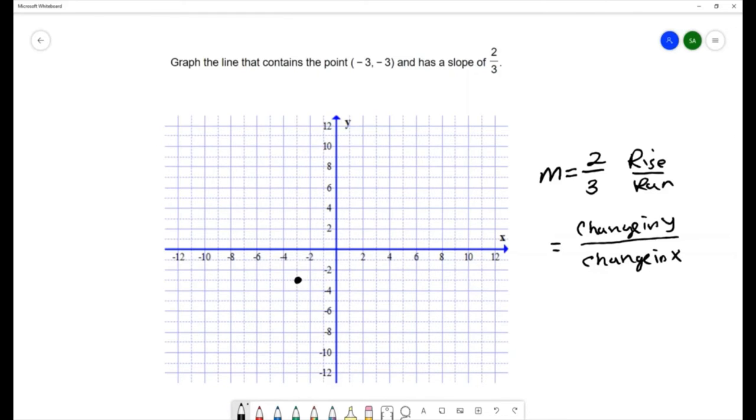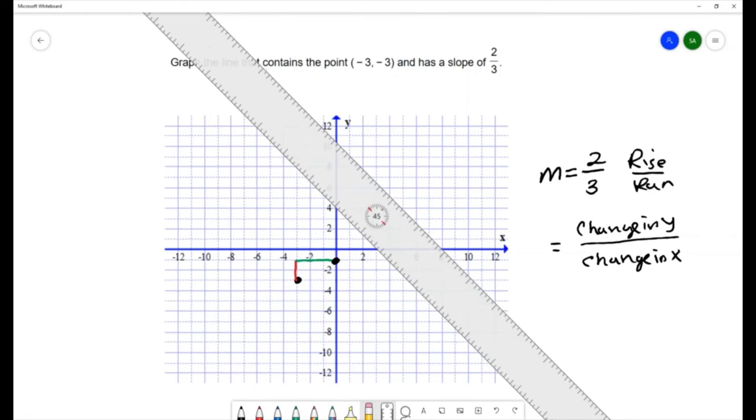So I can start from that point that I plotted, (-3, 3), and rise 2, so I'll go up 2. I'll change y by 2, and then I'll change x by 3, so I'm going to run 3. And that's going to lead me to a second point on that line. You only need 2 points to graph a line.